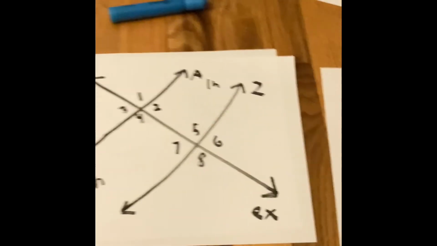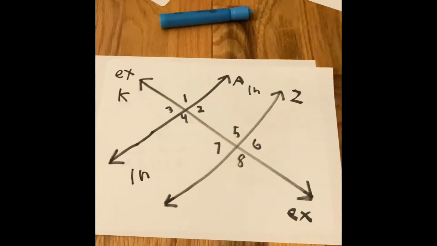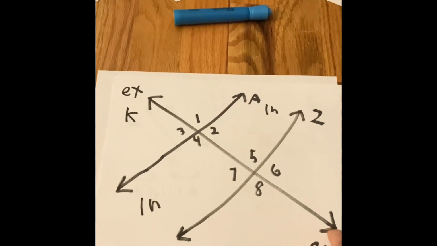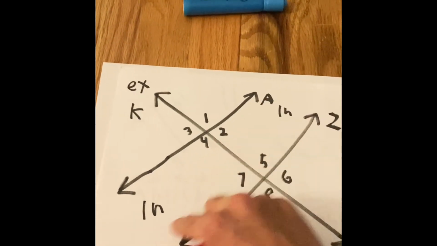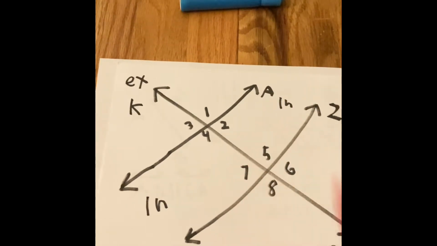So there are 2 steps of finding the pairs. If it's the same side, or if it's an opposite side, or if it's an interior side, or an exterior side. So when it says same side interior angles, we already know that they're going to be inside here because they're interior angles.